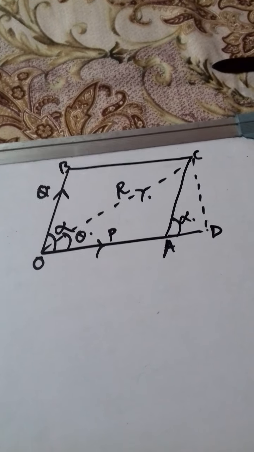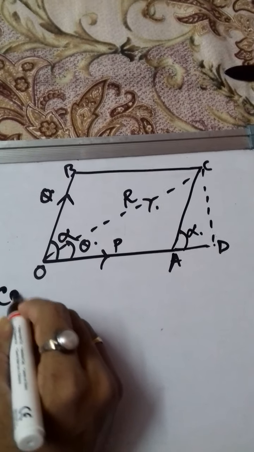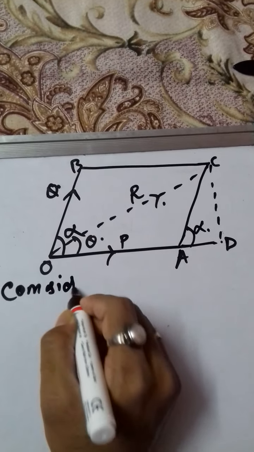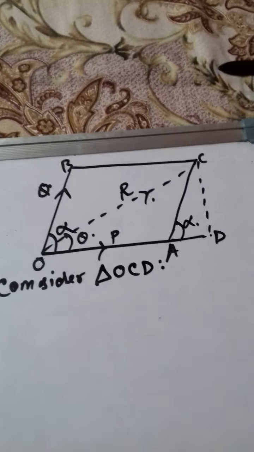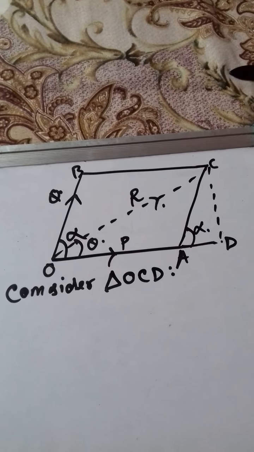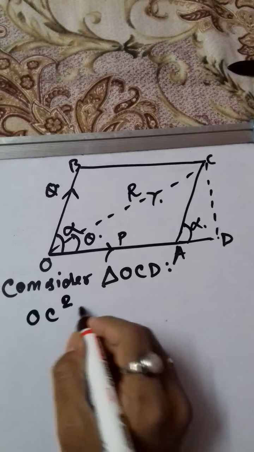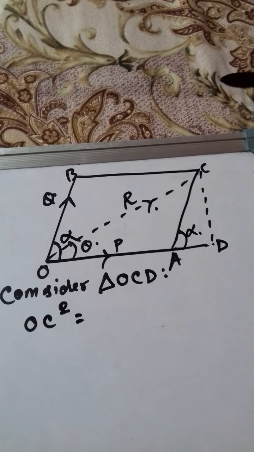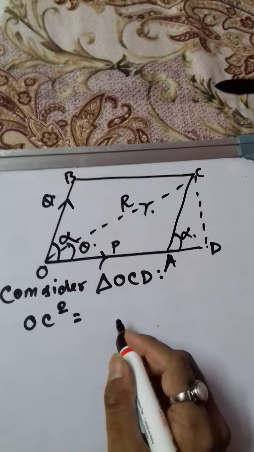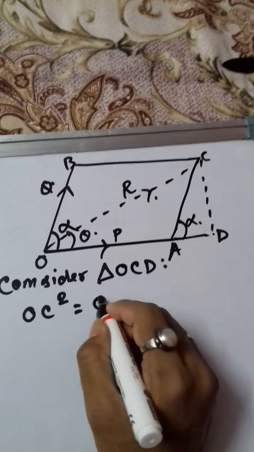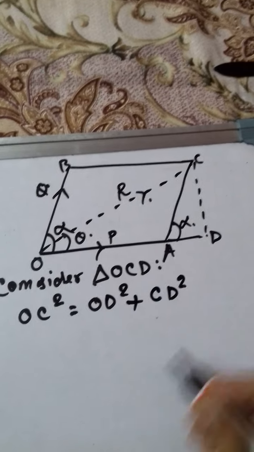Now let us consider this triangle OCD. See, in this triangle OCD, what we can get: OC square should be equal to OD square plus CD square.